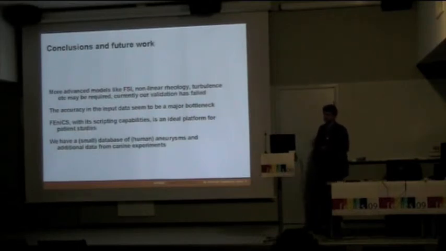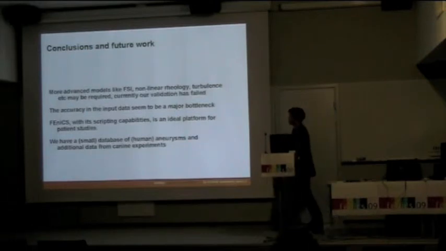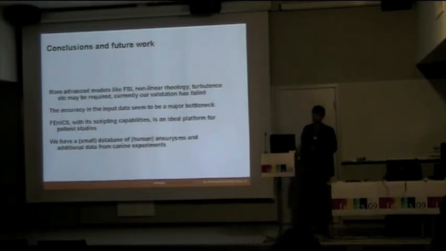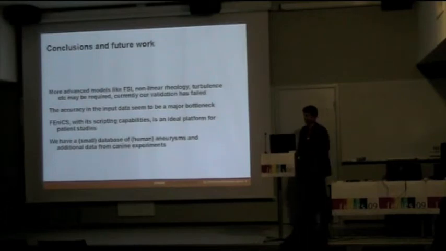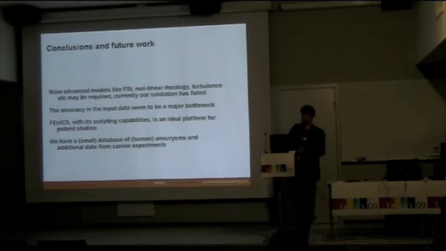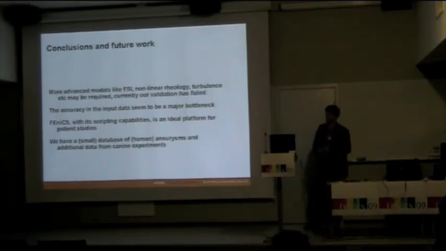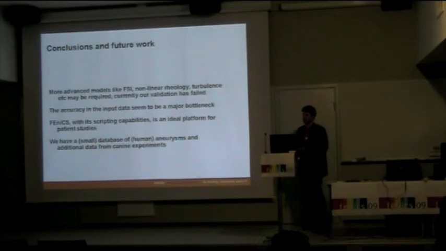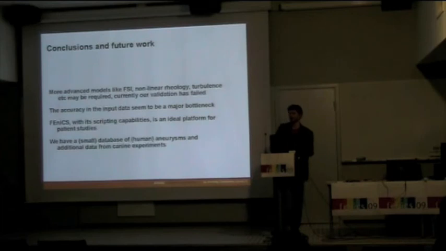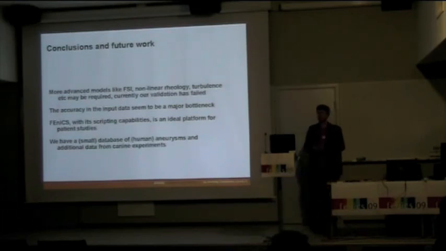We just need new models, I think. Of course, the accuracy in the input data is a major bottleneck. The input data is very coarse. And we now have a small database of aneurysms and also flow measurements that we can validate against to find the proper models. Questions?